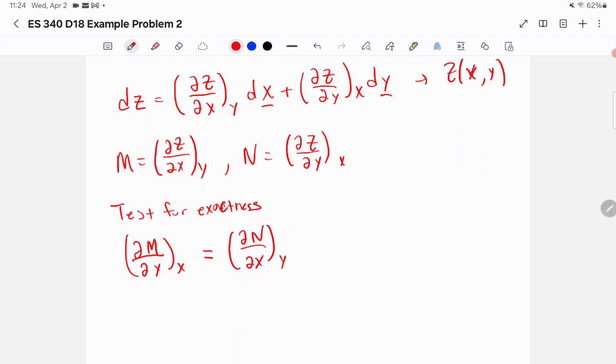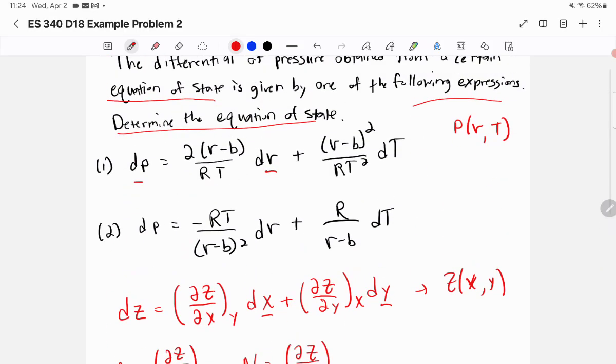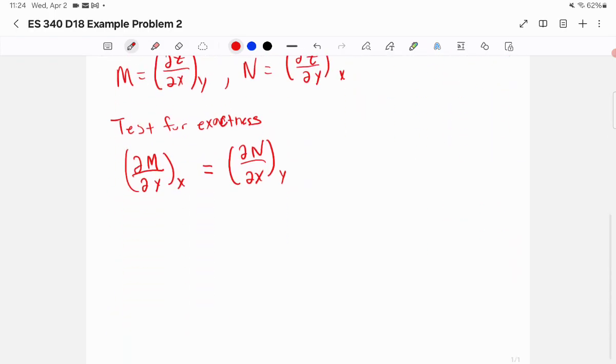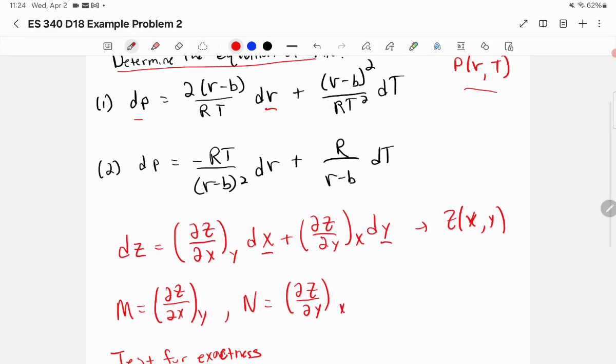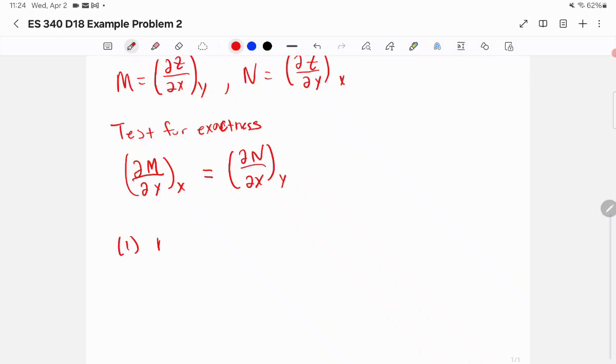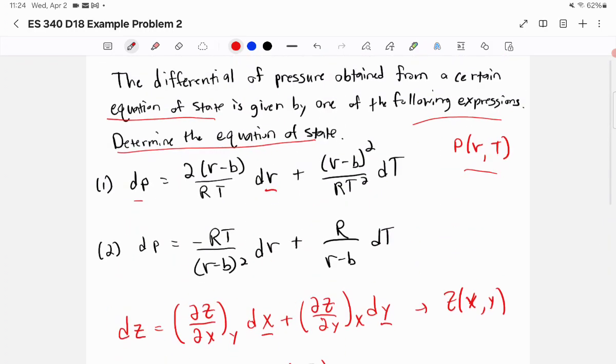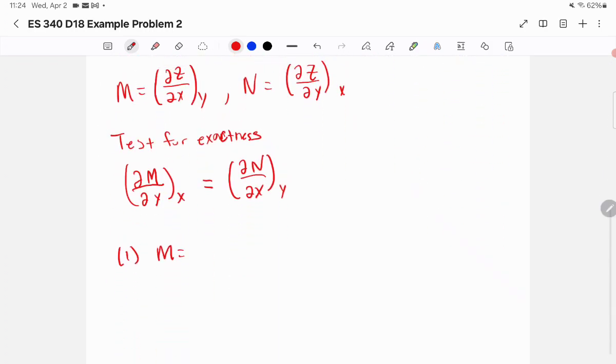And if it's not exact, then we cannot write that equation in terms of P of V and T, which obviously is a problem. So as we work through this, we'll see that one of these we can reject and the other we cannot. So let's actually do that. Equation 1, we'll choose M to be equal to (2V minus b) over RT.